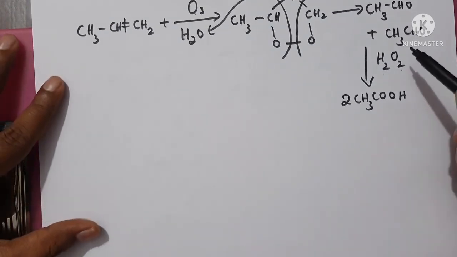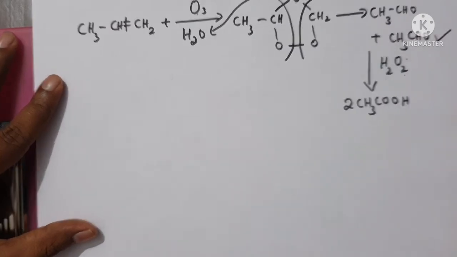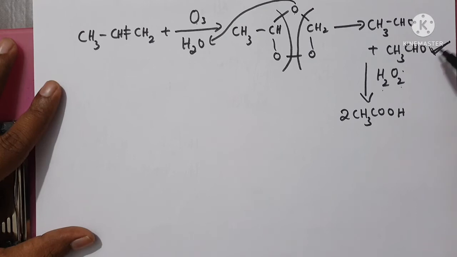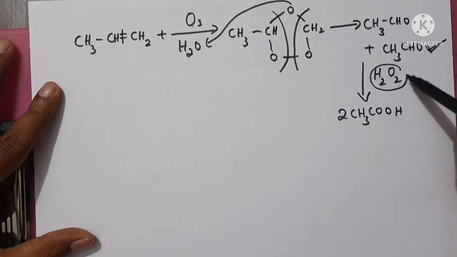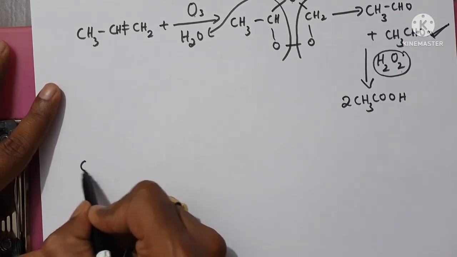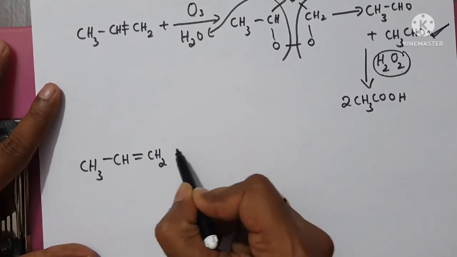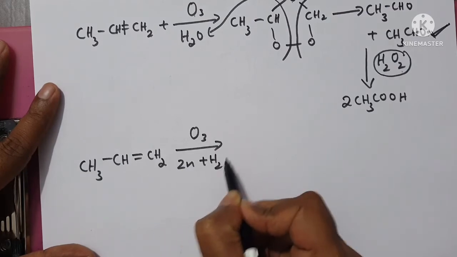If we need to stop the reaction at aldehyde, what can we do? It is very simple. We can just add zinc so that it can completely destroy the H2O2. And how is that possible? Let us see that now. You can observe here, again I will take propene, adding ozone in the presence of zinc and water.